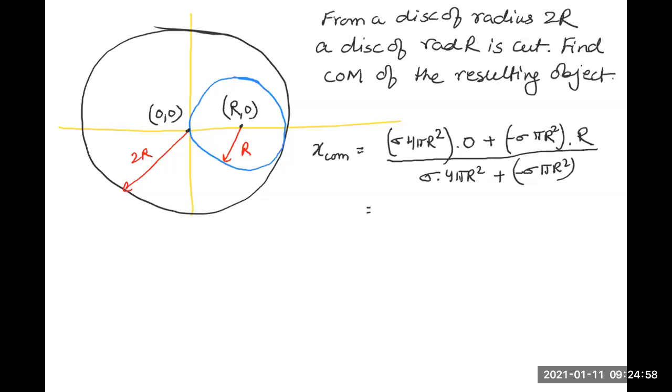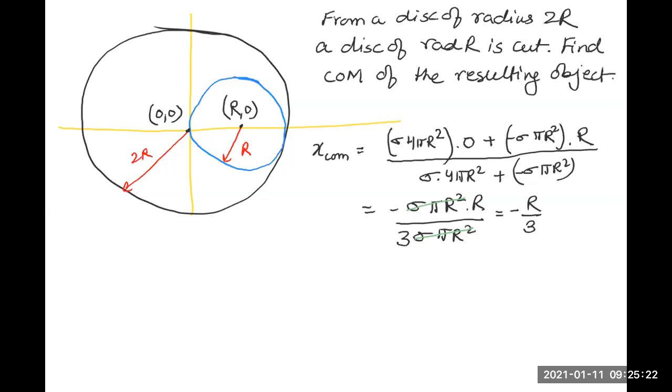So this becomes minus sigma pi r square into r divided by 3 sigma pi r square. So sigma pi r square cancels out. We get minus r by 3.